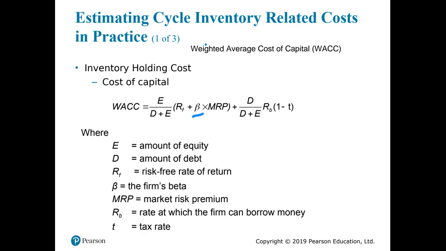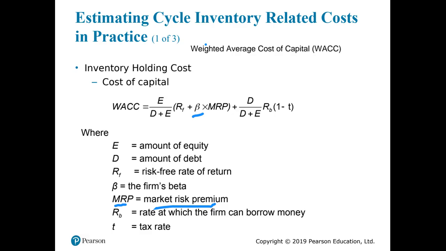MRP is the market risk premium. Again, it is the extra return investors demand over the risk-free rate because markets are risky. So investors don't expect that you will be just paying them the risk-free rate, but they are investing into some business, so they are having high expectations with the business, so they will expect the business is going to give them a better return.